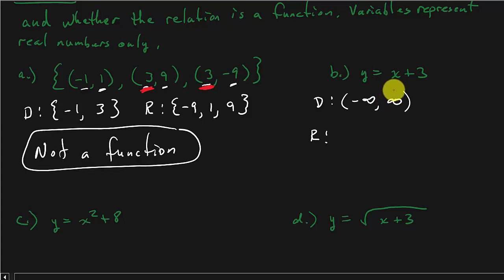And if I plug in numbers from 0 back to -infinity, what am I going to get out? If I got a number way out there at -infinity and I subtract 3 from it, that's still a number way out there at -infinity. So my range is all real numbers, -infinity to infinity.